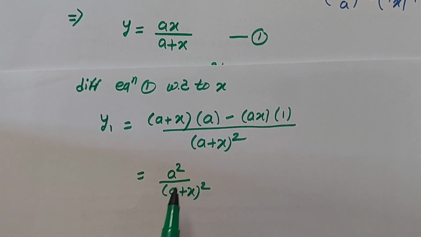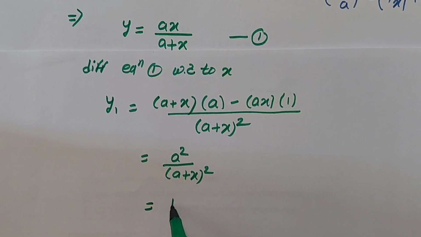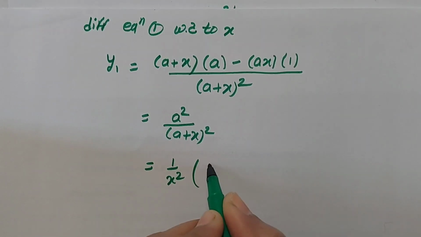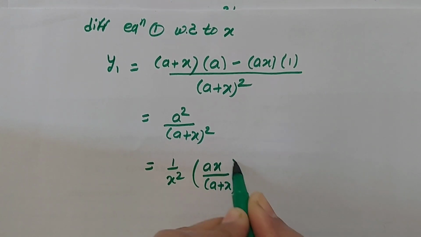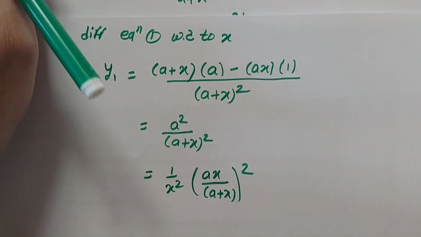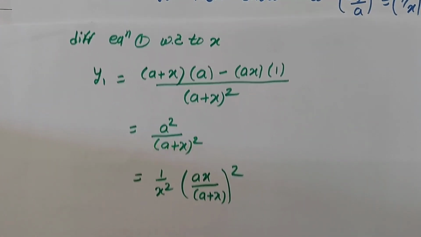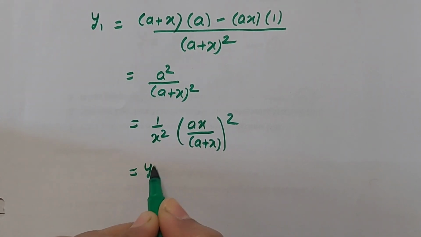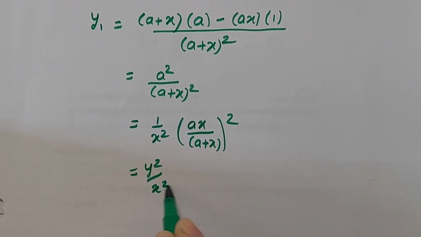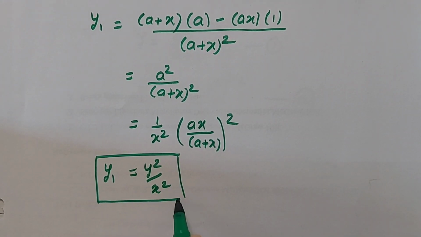If we multiply and divide by x square to this term, then we get 1 upon x square times (ax divided by a plus x) whole square. Now see, from equation 1, ax divided by a plus x is nothing but y. So therefore we write it as y square divided by x square. This is the value of y1.